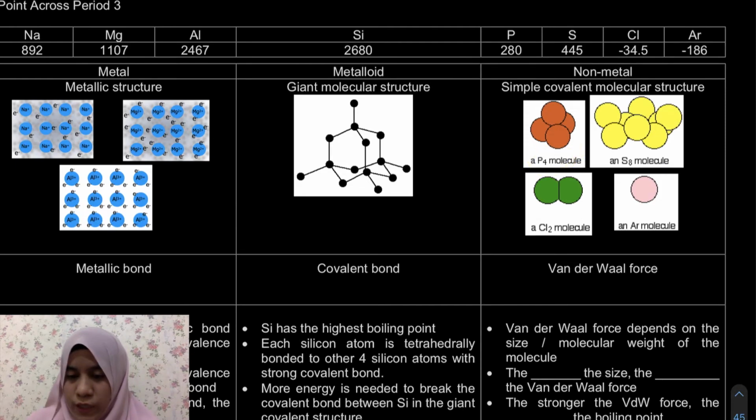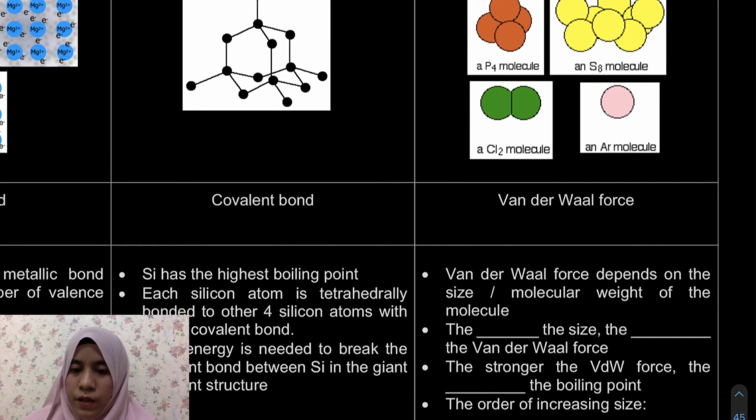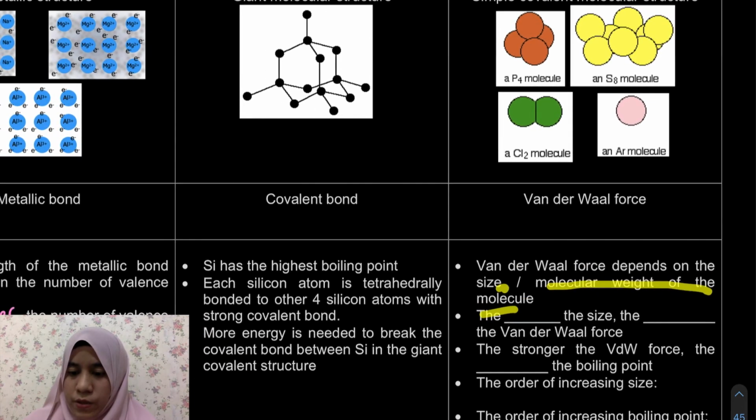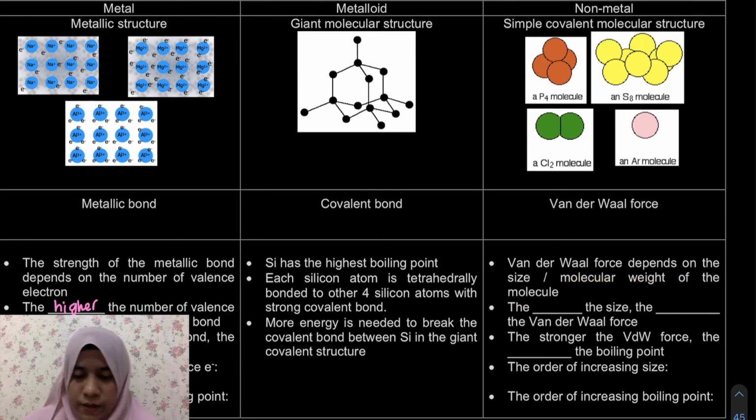Okay, so for example here, van der Waals force depends on the size or molecular weight of the molecule. So actually, the higher the size, and size is the same as molecular weight, the stronger the van der Waals force.